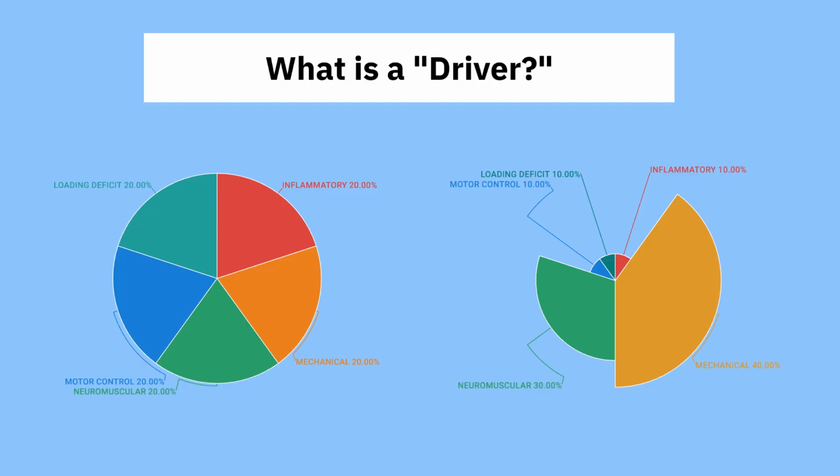Usually it's more of a depiction of the graph on the right, in that there is a driver, something that is causing your symptoms to present the way that they are a little bit more than the other categories. So we'll talk about what a mechanical driver feels like in your body, but just know that even if we might have identified one thing that's putting the symptoms the way that they are, there are other elements underneath that might still need to be addressed within a course of care.